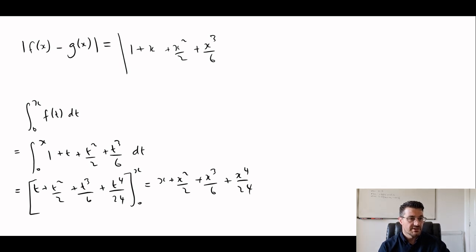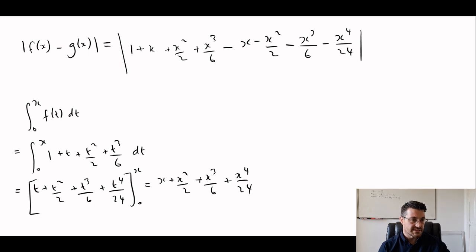Okay, so subtracting g of x, I get minus x squared over 2 minus x cubed over 6 minus x to the power of 4 over 24, modulus.